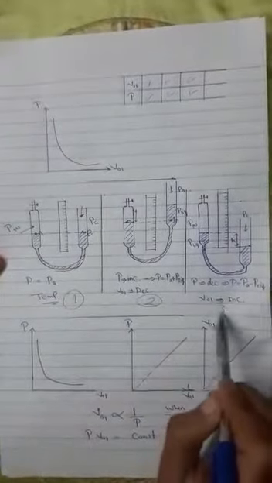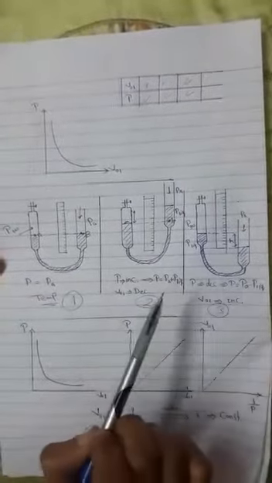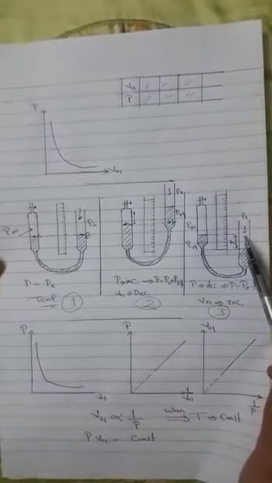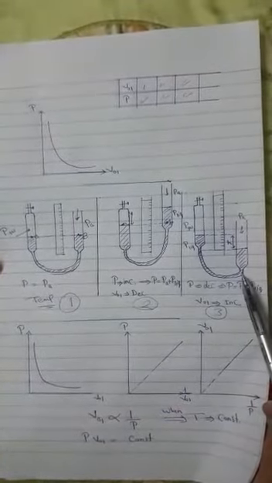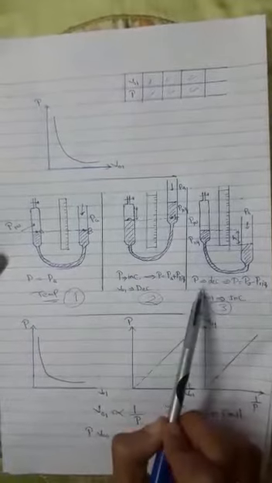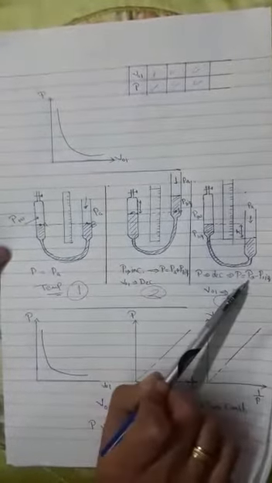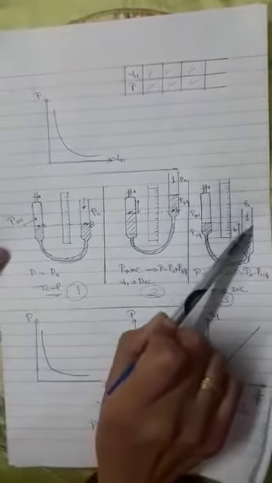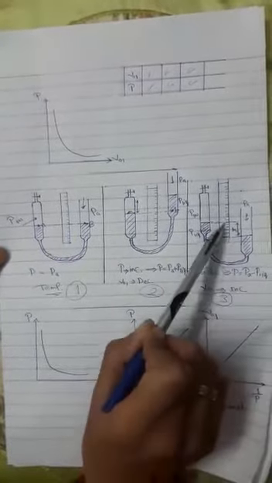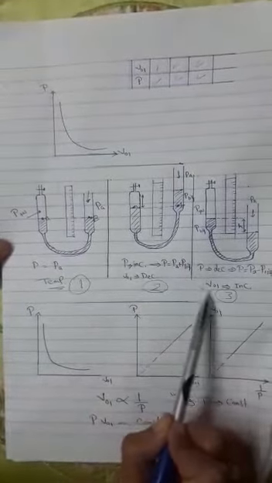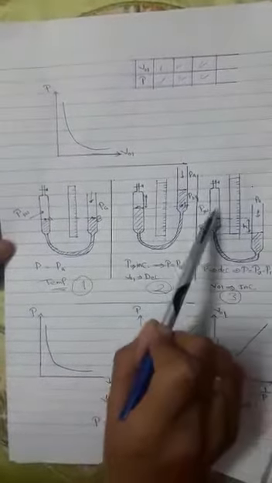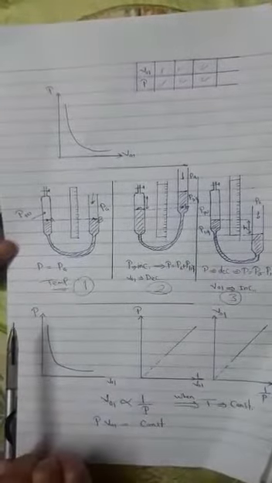In the third case, we need to decrease pressure, so we move the right tube downwards. In this case, pressure decreases: pressure equals air pressure minus the pressure of this liquid. So the volume of the enclosed gas increases.